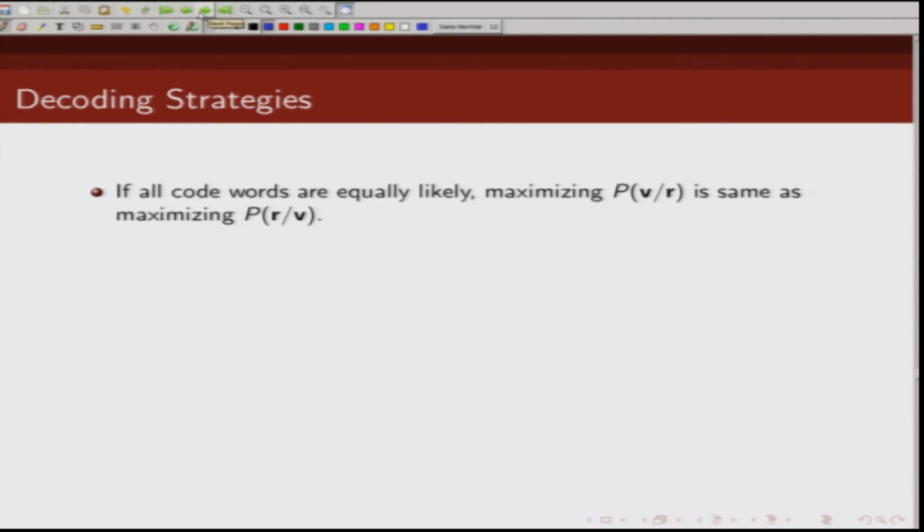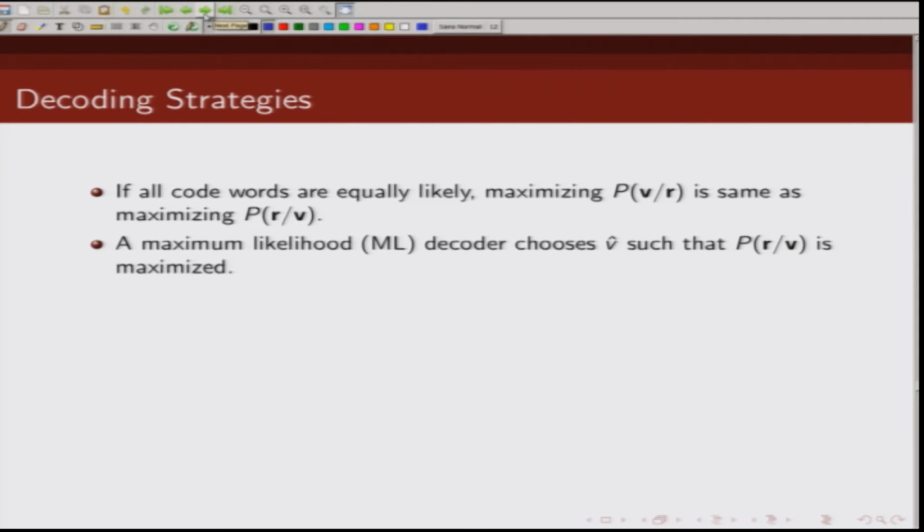If all code words are equally likely, then maximizing the probability of v given R is the same as maximizing this likelihood function, P of R given v. So, a maximum likelihood decoder is the one which will choose v hat such that this quantity is maximized.